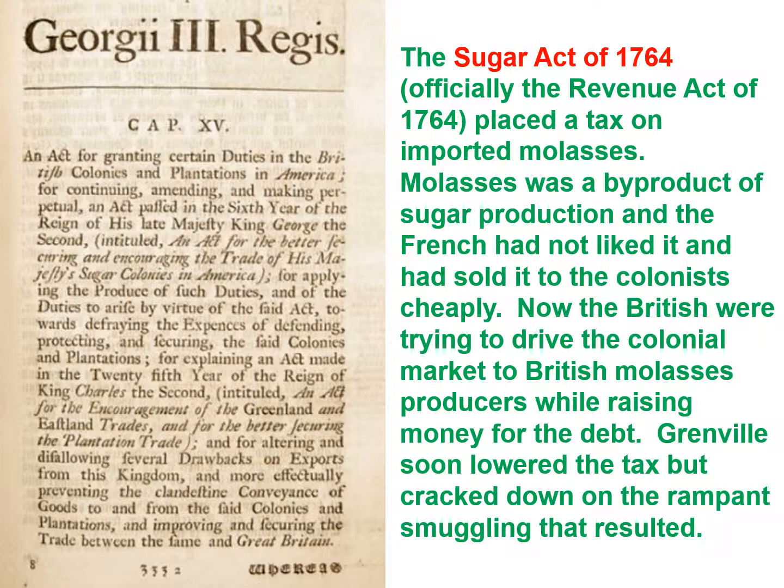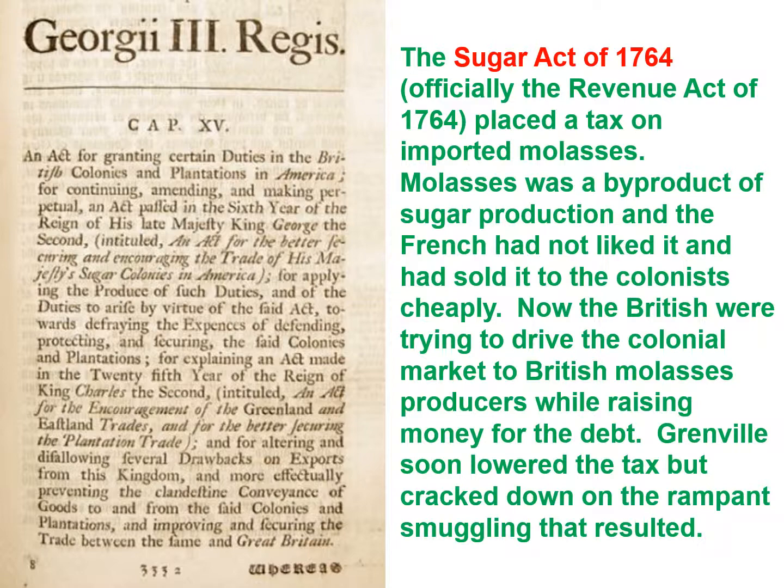The Americans got very cheap molasses from the French. Molasses, by the way, is a product of growing sugar and is used in the making of rum. Anyway, the French didn't really like molasses and the Americans loved it, so they provided it cheaply to the Americans, and the Americans just smuggled it in.